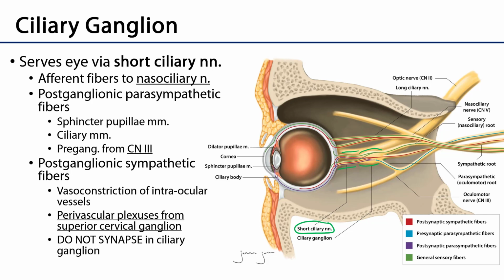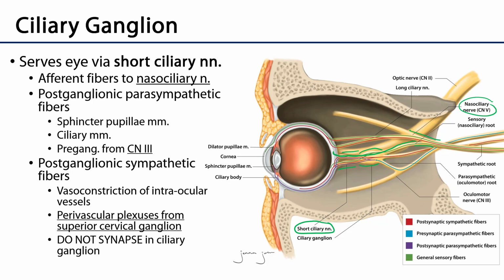So with respect to the nasociliary nerve, the nasociliary nerve is here. We can see that coming out to serve the orbit. There are going to be somatic afferent fibers, which we can see here in dark green, that are being conducted through those short ciliary nerves, through the ciliary ganglion, and back to the nasociliary root.